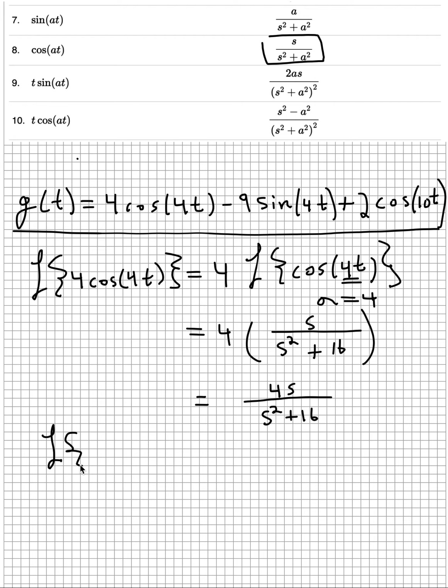So if we do Laplace transformation for completeness of -9 sine of 4t, okay, you should have gotten the following. Again, you should have pulled out the constant first, then done a Laplace transformation of sine of 4t, okay, like this.